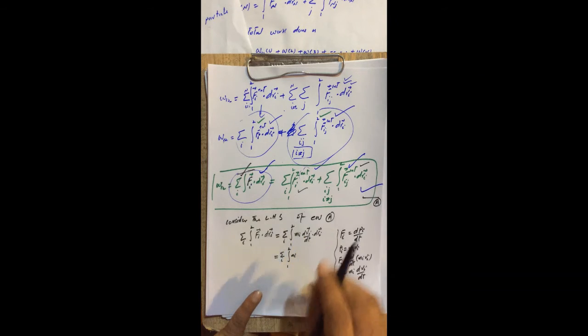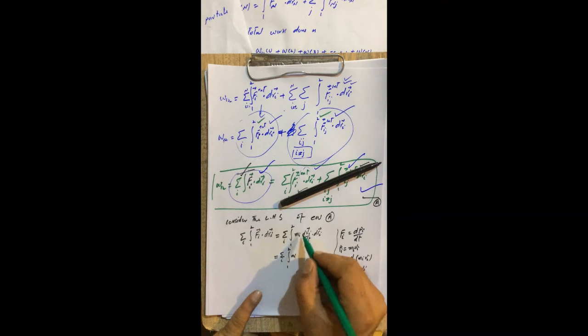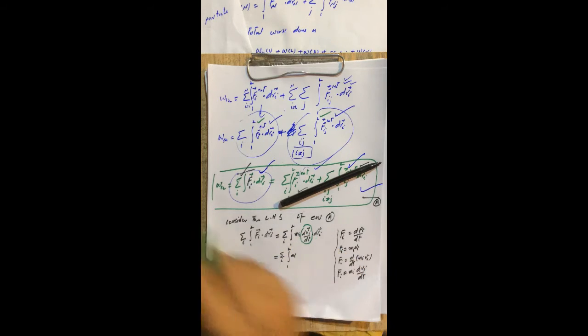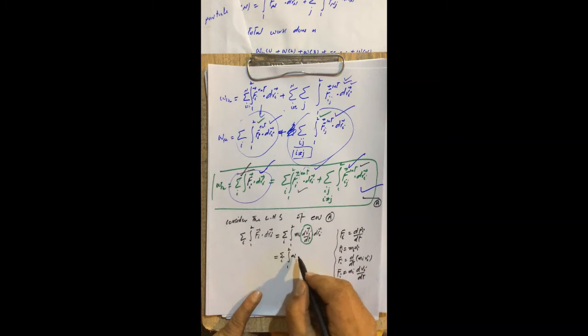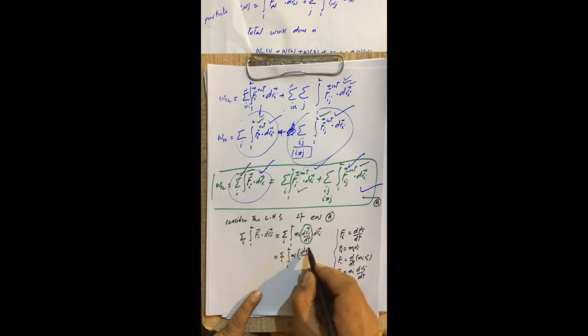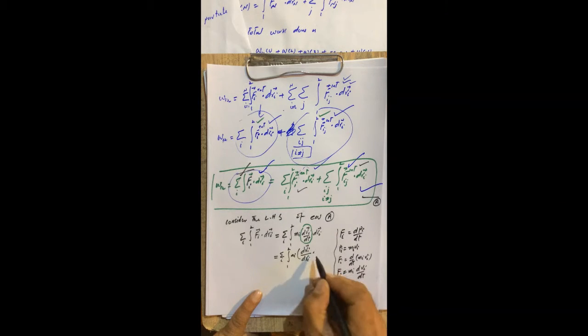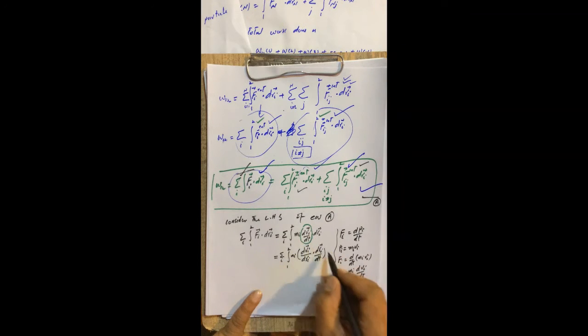Now I will apply the chain rule to this term. So we have dvi over dt, which can be written as dvi over dri into dri over dt, and then we have this dri.